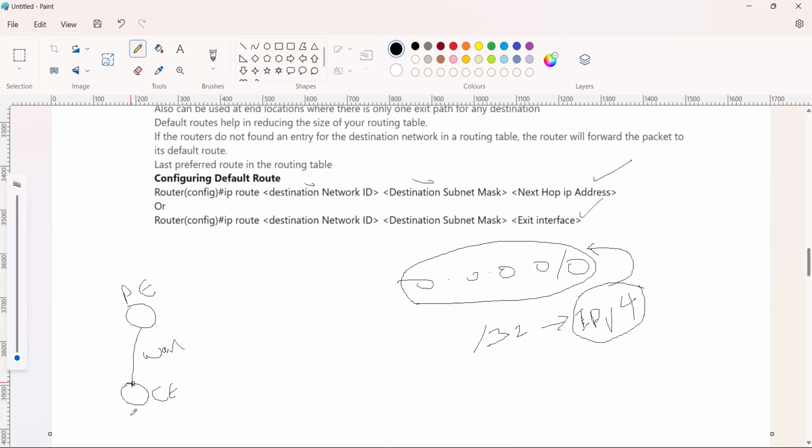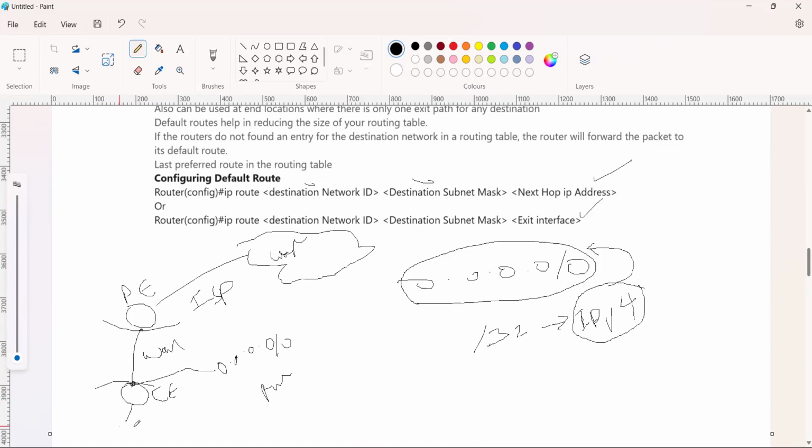So we'll configure default routing on this interface and give the next hop IP address, whichever public IP address we configure. This is our branch router and this is our ISP router. In between we'll configure likewise, so the entire world we can access.